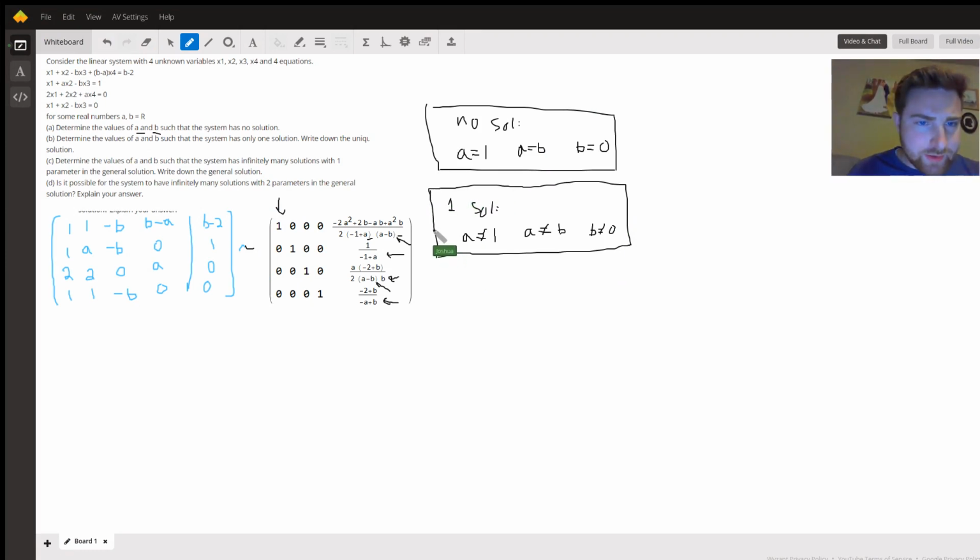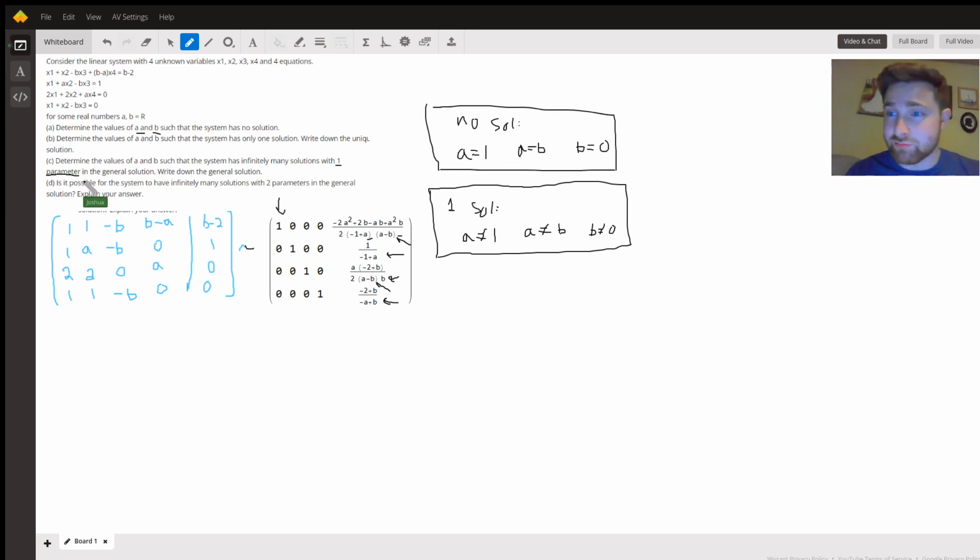Okay. And yeah, an infinite amount of solutions. It says determine the values of a and b such that the system has infinitely many solutions with one parameter in the general solution. Write down the general solution with one parameter. Yeah, with that, I am not sure. They're not clear on what it means by a parameter.